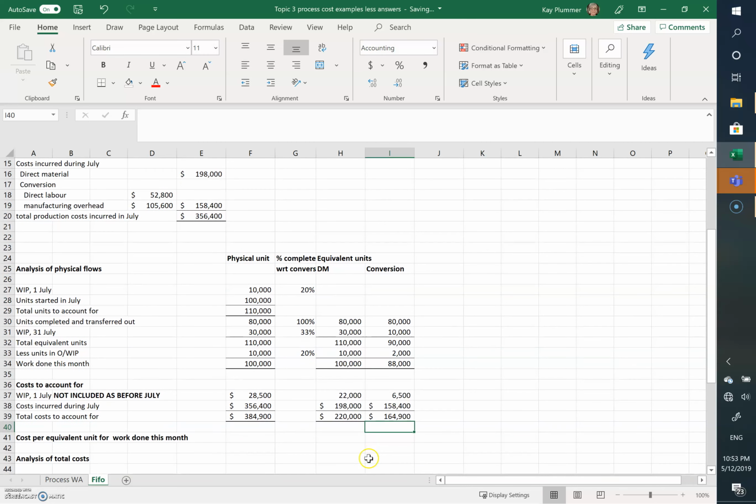So now we need to work out the cost per equivalent unit for work done this month. So that's 198 divided by 100.